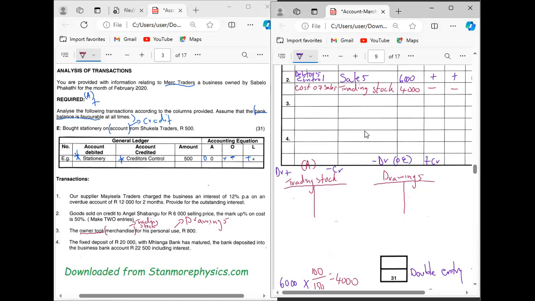If the owner takes trading stock from the business, how is it going to affect our trading stock? Is it going to be plus or minus?